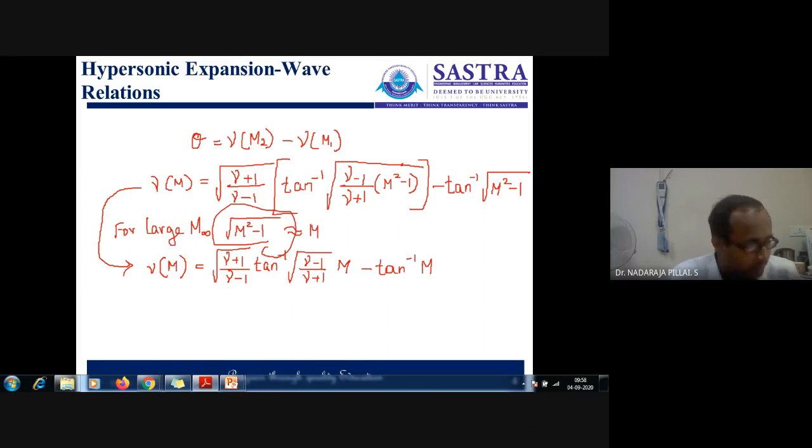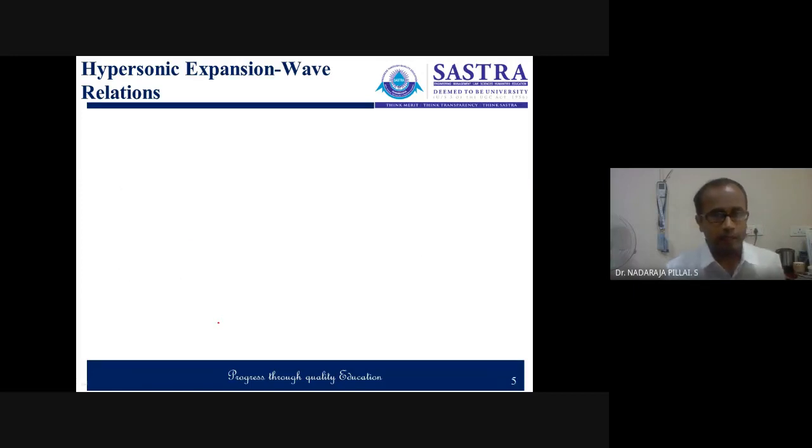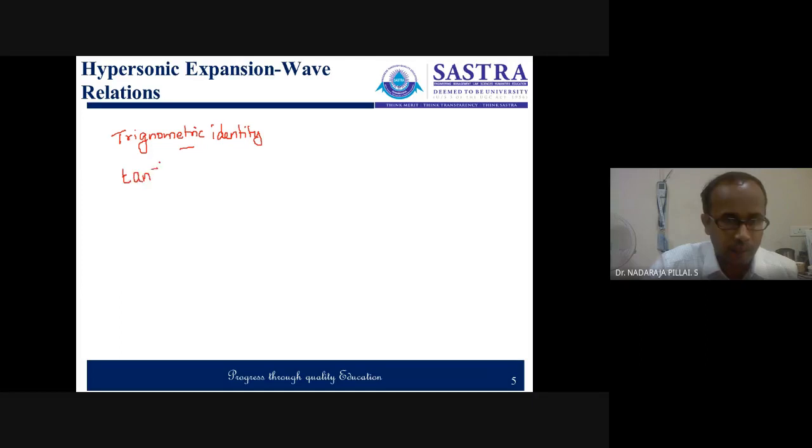The tan inverse of x can be written as pi by 2 minus tan inverse of 1 by x.